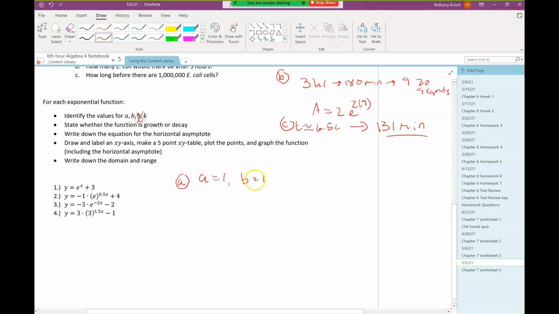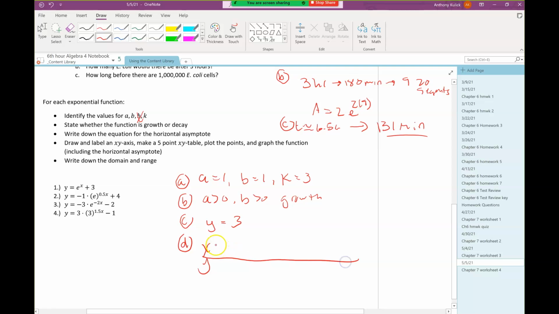I'm sorry, I didn't mean for an h to be there. There is no h. And k is 3. Since a is positive and b is positive, it's growth. The horizontal asymptote is always y equals k, so in this case that's y equals 3.